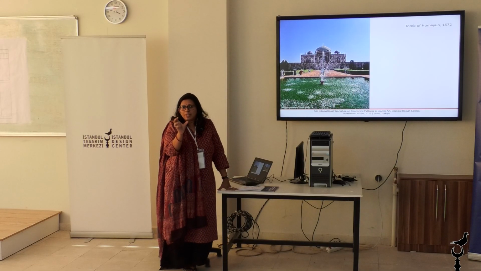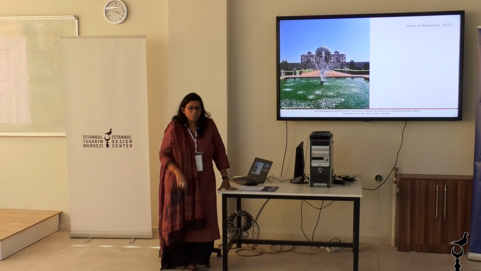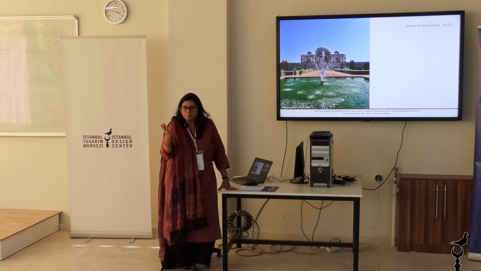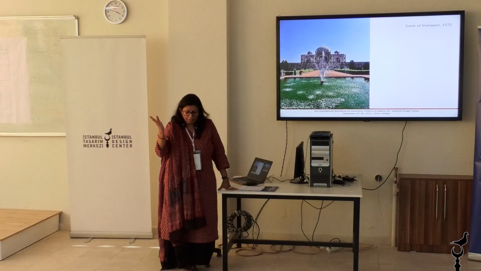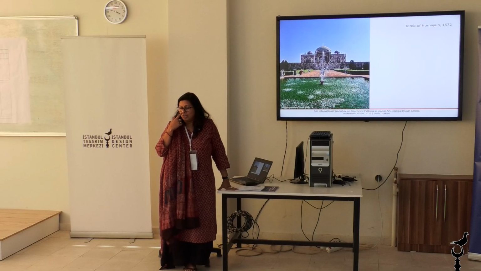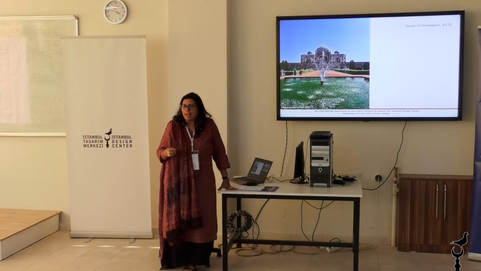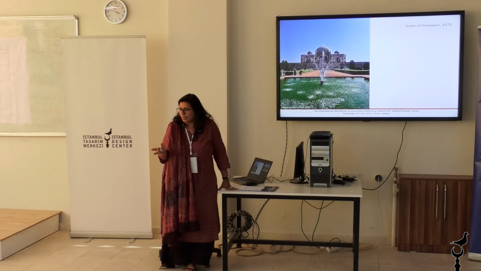So for a very brief period, there was no Mughal rule in India. It was led by Shah Suri, another Afghan ruler. And once Humayun came back, he took over the throne. And within a couple of years, he passed away.